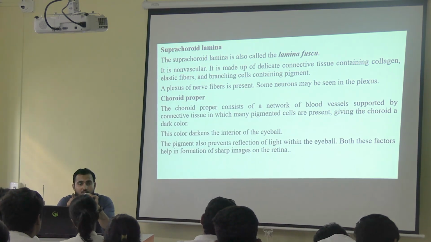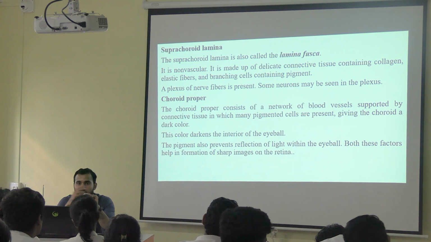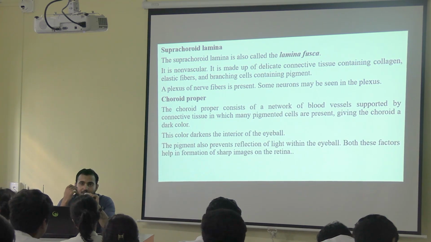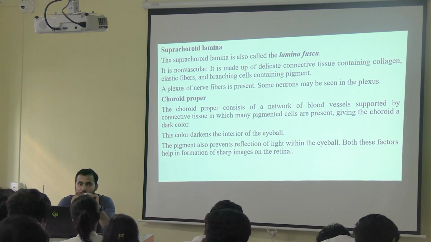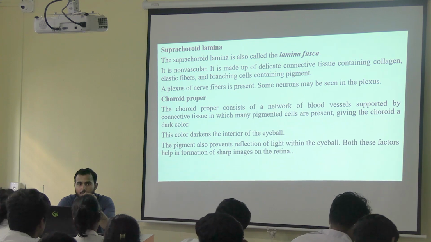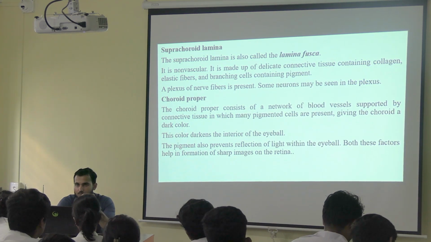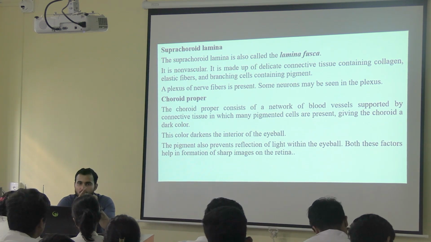Now those pigment cells, what they will do, they will absorb the reflected light. क्या होता है, whenever light is entering the eyeball, okay, some reflections are taking place. Okay, and those reflected light should not go and fall into the retina. Okay, because retina में कोई भी light गिरेगा it will produce the visual impulse. Okay, तो जो reflected light है उससे visual impulse produce नहीं करना.